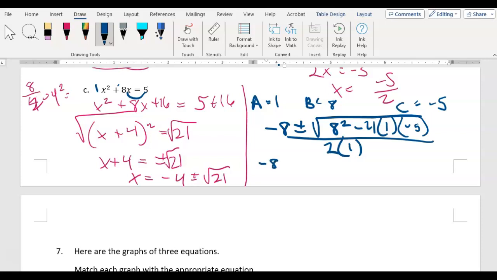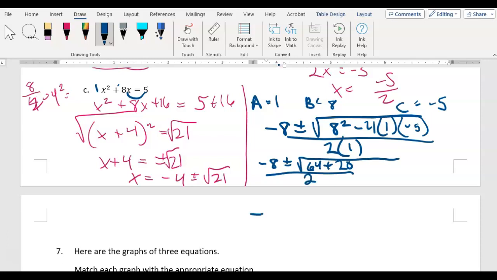This then is negative 8 plus or minus the square root of 64 minus 4 times 1 times negative 5. So negative 4 times 1 is negative 4. Negative 4 times negative 5 is positive 20, all over 2.